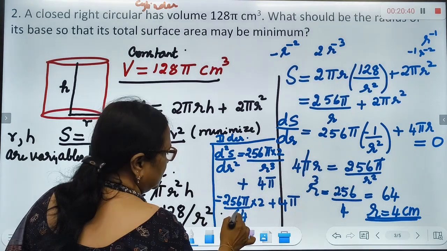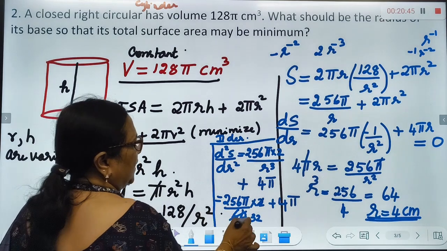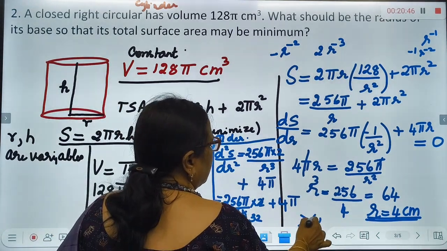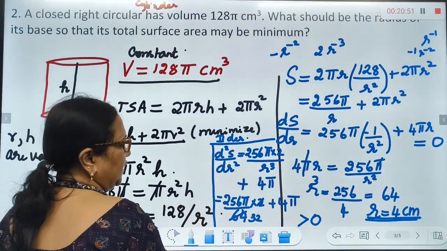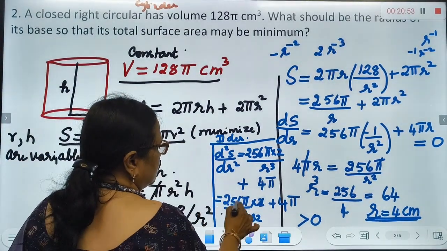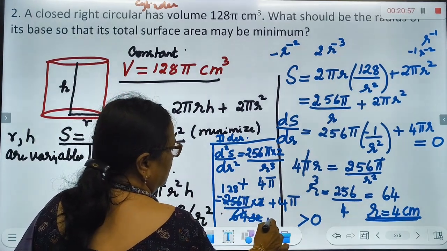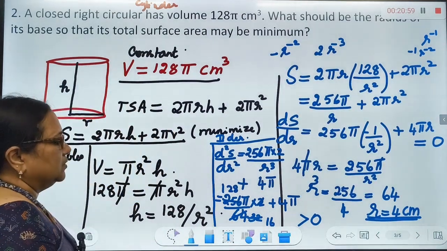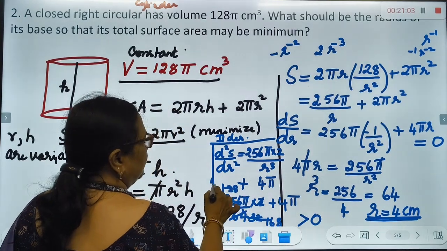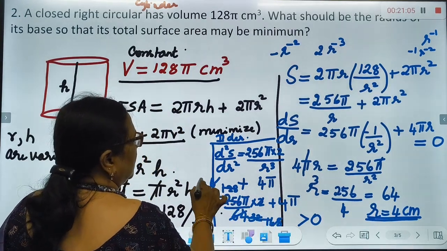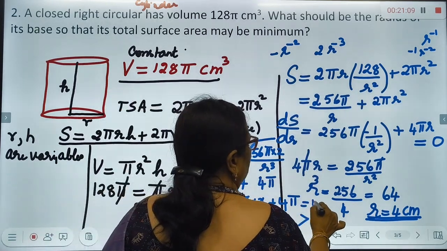You can easily see it is greater than 0. 256 pi by 32, you can simplify. 8 times, so 8 pi plus 4 pi, which is 12 pi.